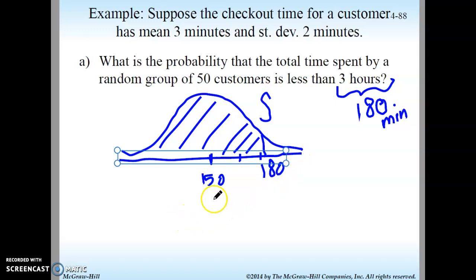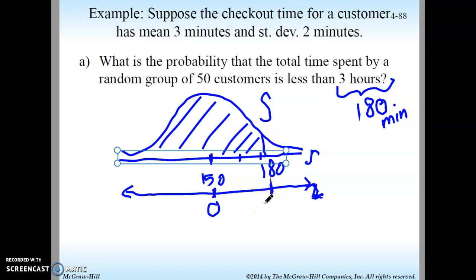Now, if we're going to use our normal table to get this, we need to find the z-value. We know that the z-value for 150 will be 0. This is our S-axis, and this is our z-axis for the standard normal, and we need to figure out the z-value for 180.